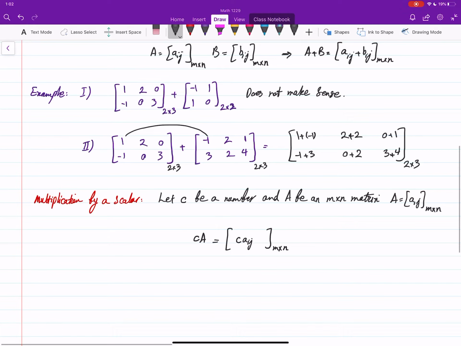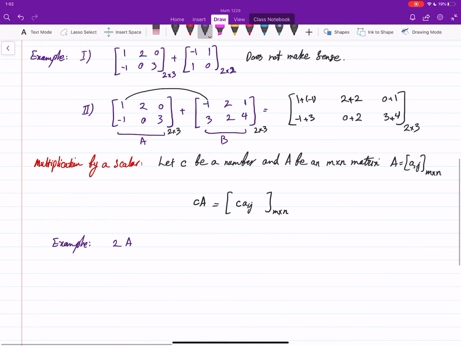So in other words, if I call this guy here up there A, this is B, the example says, what will happen if you multiply 2 to A, or say negative 3 to B?